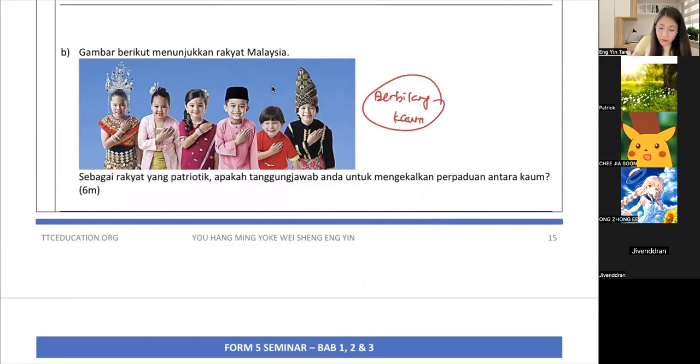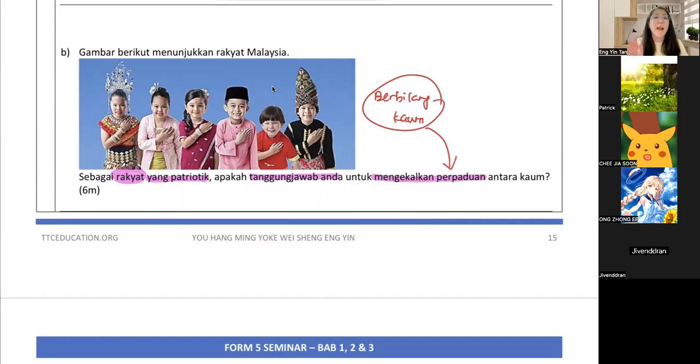Sebagai rakyat yang patriotic, listener, right now you are just a citizen and you love the country. What is your responsibility to make sure unity, to enhance unity? Sebagai rakyat yang patriotic, apakah tanggung jawab Anda?